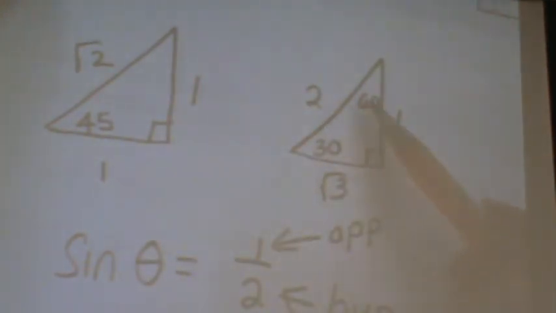So right away, you're gonna refer to these two triangles. And this is what I do right away. I do 1, 1, root 2, and then I do my 30, 60, 90, and I do 1, 2, square root of 3. So is it a 45, is it a 30, or is it a 60?